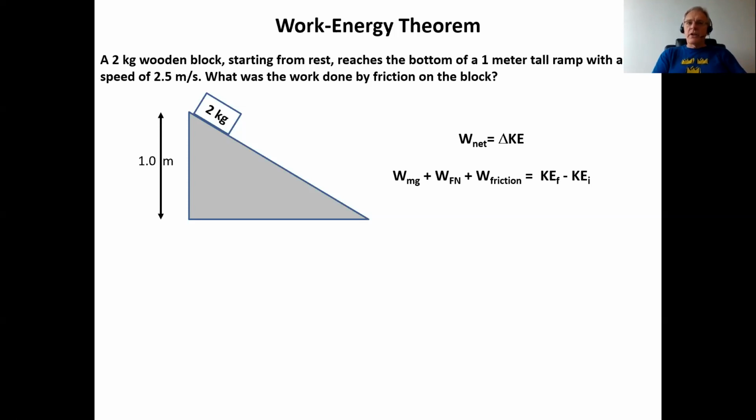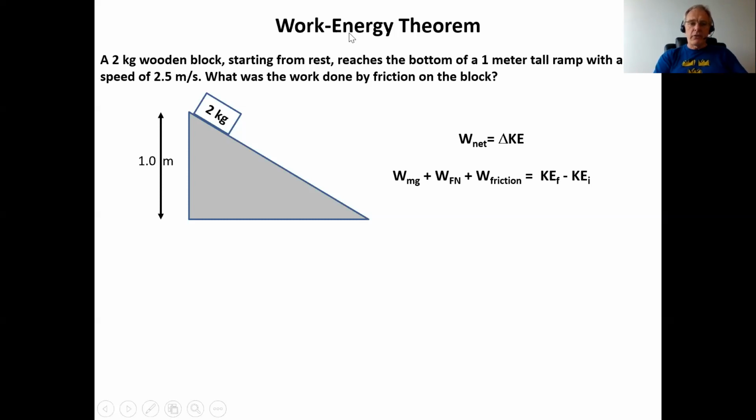If we were talking about two objects, like two cars colliding, internal forces here would cancel. We can calculate the work done by the internal forces, but because they are action-reaction pairs, they would cancel in pairs as a net work. So the only forces we need to worry about are the external forces, and here we have three external forces acting.